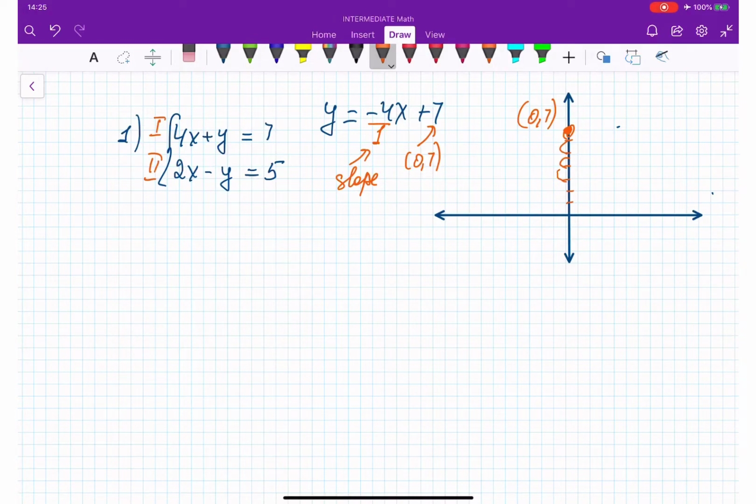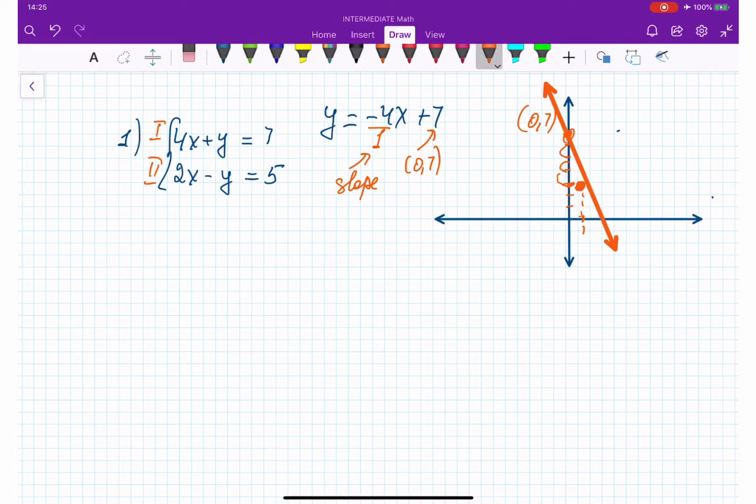Without counting, it's going to be 3, because 7 minus 4 is 3. And then going horizontally, positive 1. Here is the second point. So the graph is going to look like this. Okay, so this is the first graph.